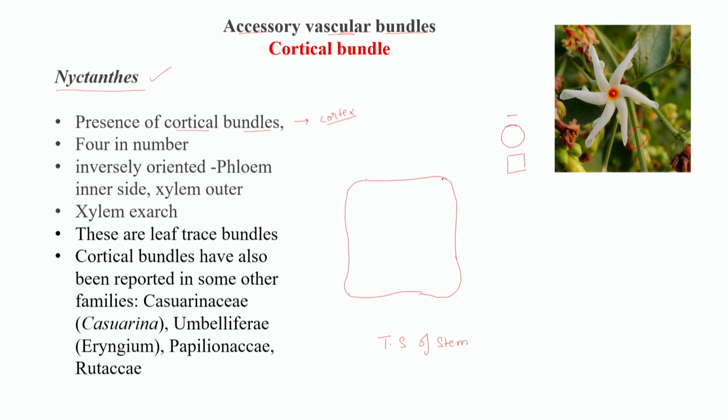You will see that at the corners, four cortical bundles will be there. But when we actually draw the transverse section, we also find a lot of other elements. You will have collenchyma, as we have studied before that in dicots a hypodermis will be there, which will be collenchymatous. So in this case also you will have collenchyma.